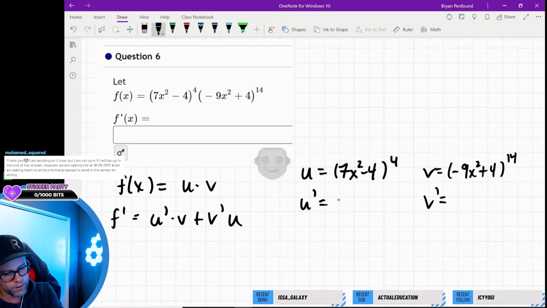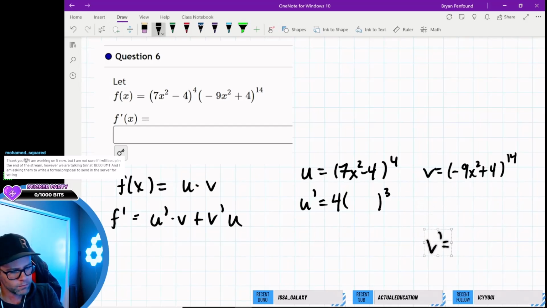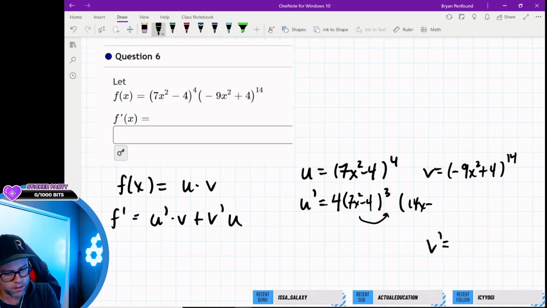So we're going to bring our 4 down and subtract 1 from the power. We need to input our 7x squared minus 4 back, and then we need to multiply by the derivative of the inside function, which is 14x minus 0, so 14x.